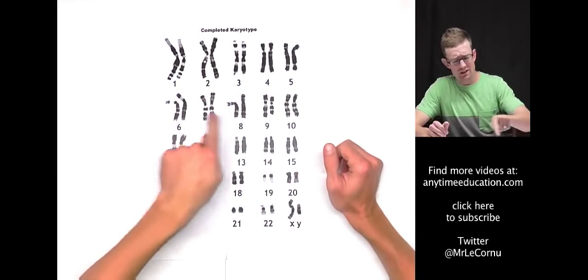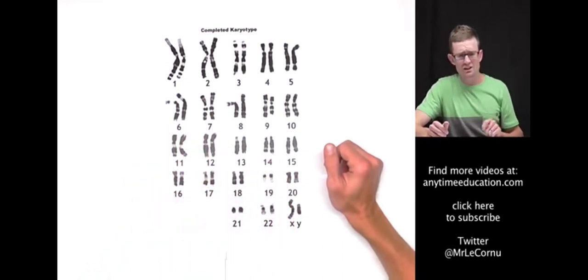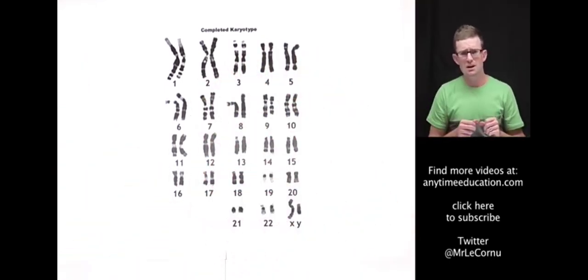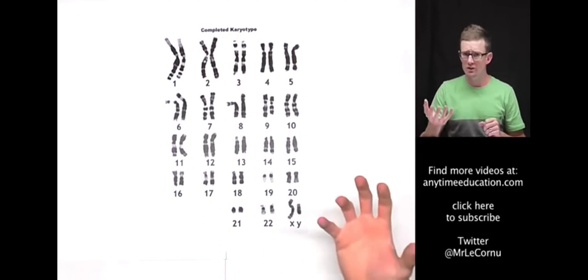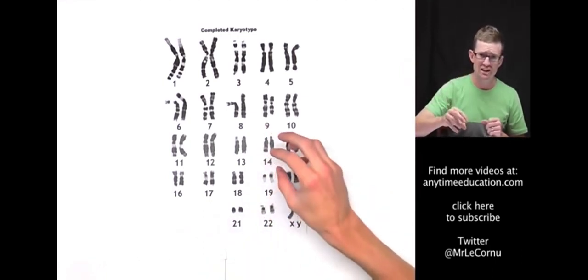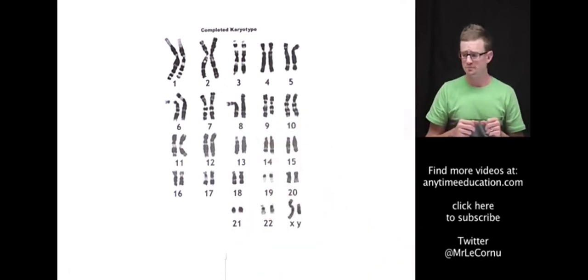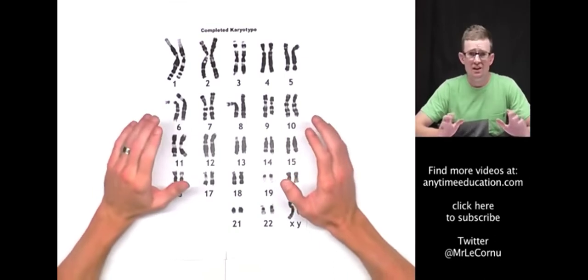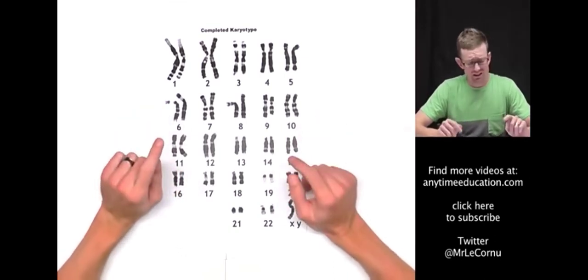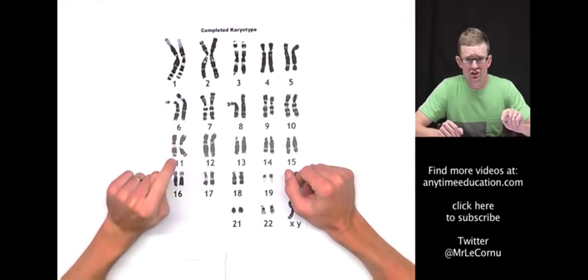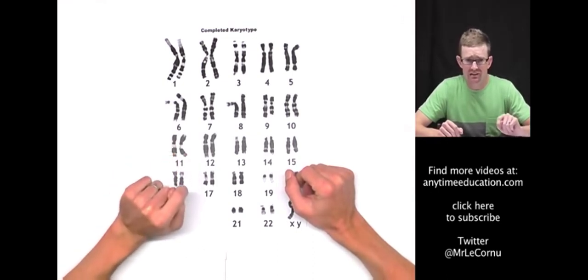Now, if we think about it, they're spread across 23 pairs of chromosomes. 20,000 genes, 23 pairs of chromosomes. We've come to the conclusion that there are lots and lots of genes on a chromosome. So we know there are many genes per chromosome. And the other thing that we've learned is that chromosomes can be identified based on the genes that they contain.